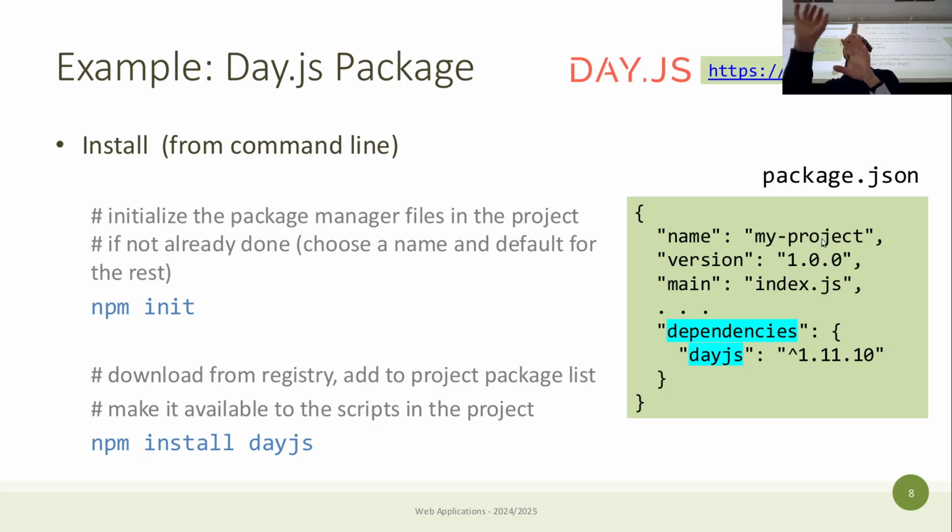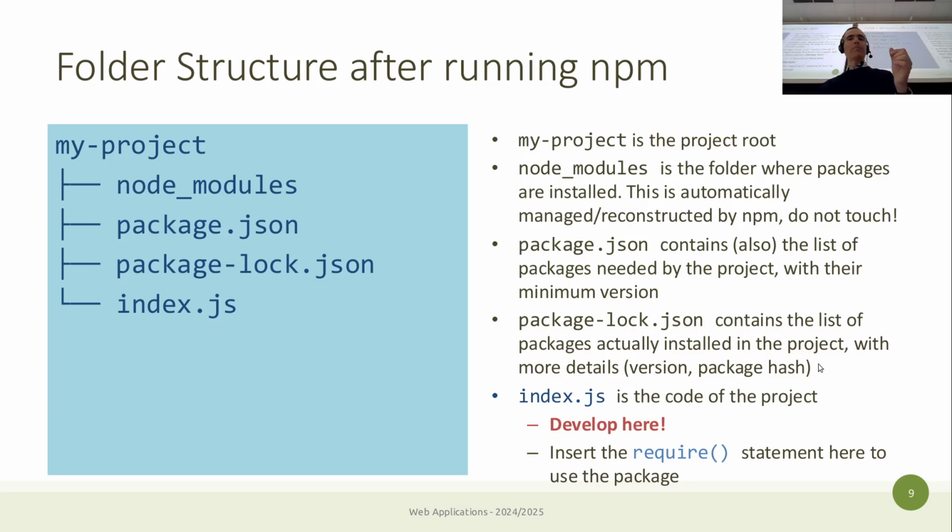It's just a way to describe information. So you can have strings or other objects or numbers and so on. But this is basically strings. So there's a list of dependencies, the name of the package and the minimum version required. And the package-lock.json is similar, and we will go into more details in a minute.